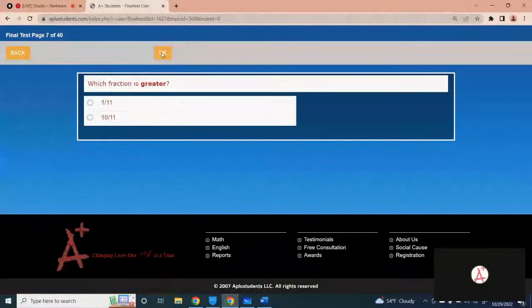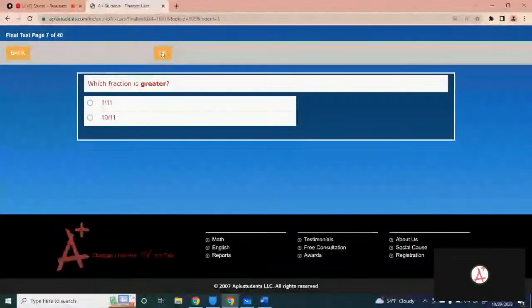Okay, which fraction is greater? 1 by 10 or 10 by 11? Which one is greater, 1 by 10 or 10 by 11? 10 over 11 is greater.